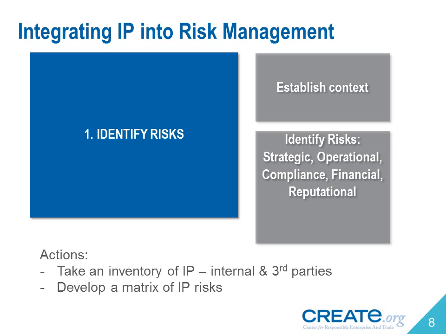So the first step is really identifying the risk, and that in the IP area, well, in every area really, looks at a couple of things. One is establishing the context for those risks, and that is things like, what are your business objectives, what's important to your company, in the IP area, what particular IP is important to you, how does this fit in with your overall business.